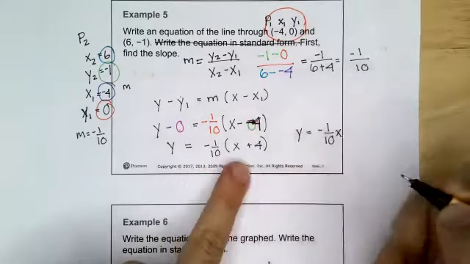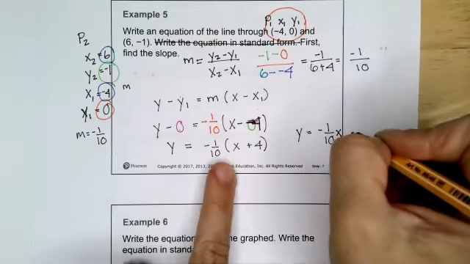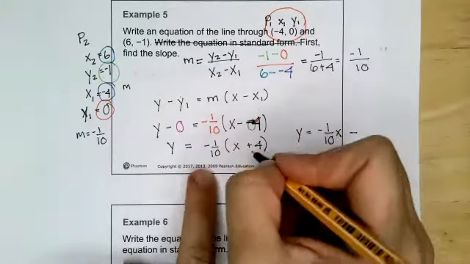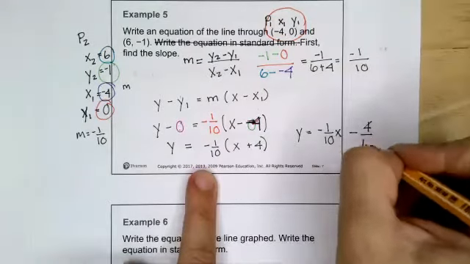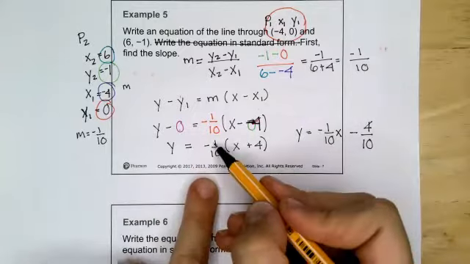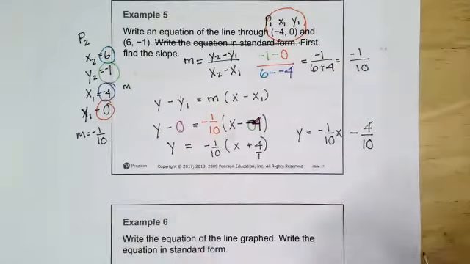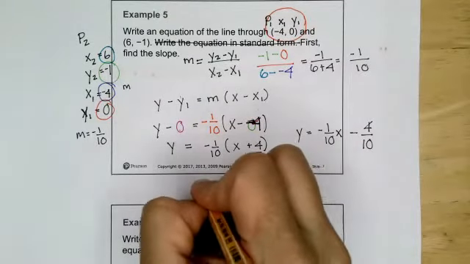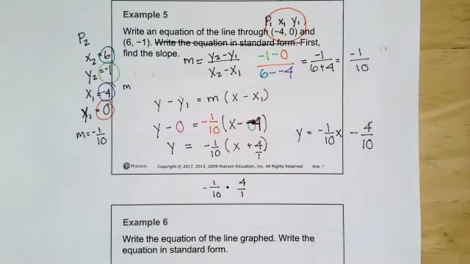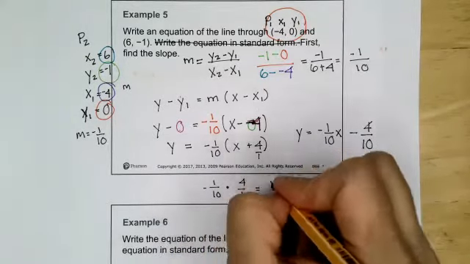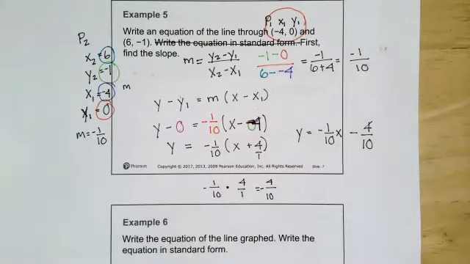We're just multiplying that by that. -1/10 times 4 just means, it's a negative times a positive, so it's going to be a negative. We're taking 4 and dividing it by 10, or taking 4, multiplying it by 1, dividing it by 10 over 1. -1/10 times +4, which we change into a fraction by calling it 4 over 1, is 4 times 1 is 4, 10 times 1 is 10, and there was a negative in front of it.